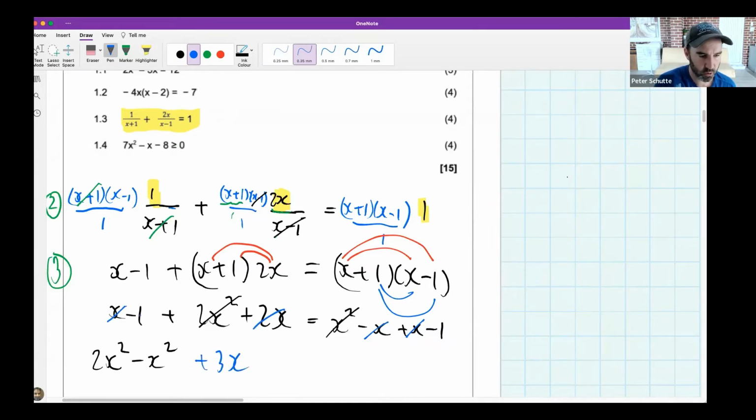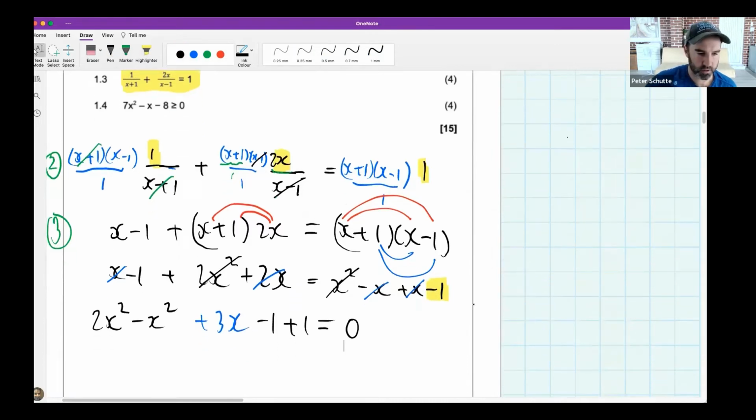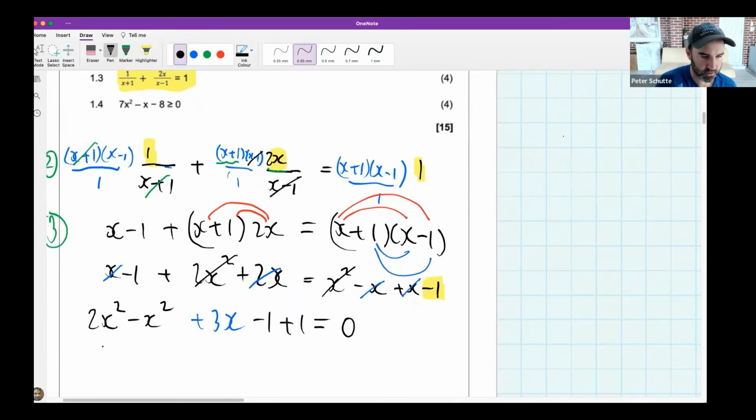And then what's going to happen is when this minus 1 comes to the other side, it's going to be minus 1 plus 1. So there was already a minus 1 here. I get that. And so then the next step is going to be to say, look, actually, this is x squared plus 3x equals 0.